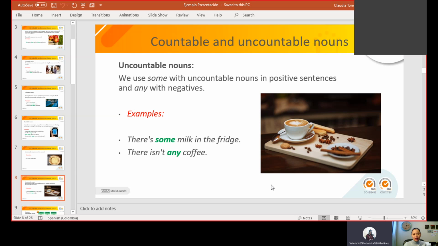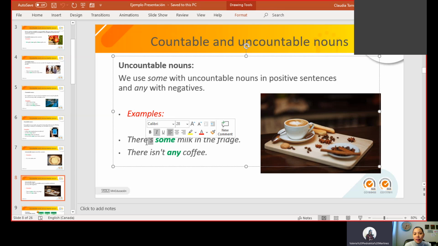Okay, teacher. There are some... I don't know. Pay attention. There are no. Why? Because with uncountable nouns, you use there is. Only singular.